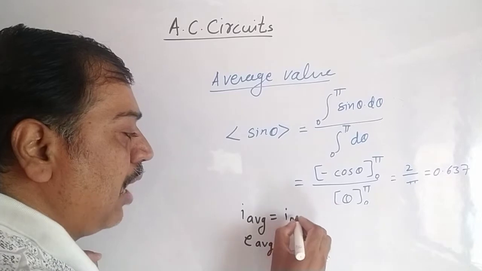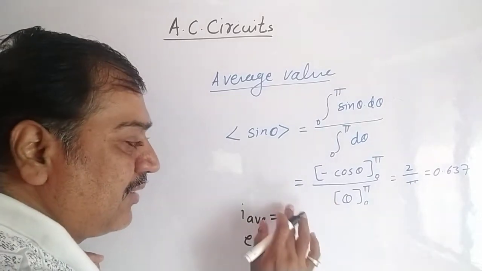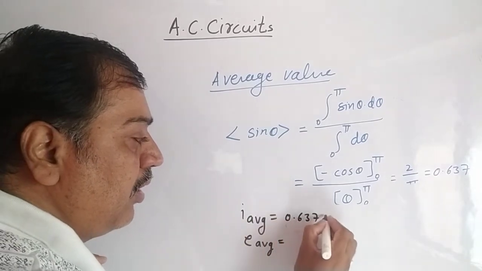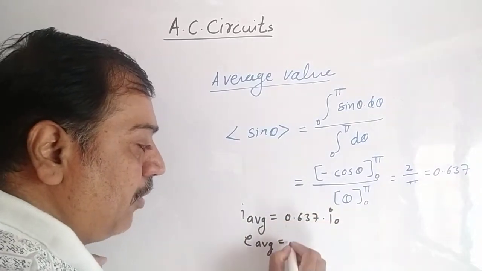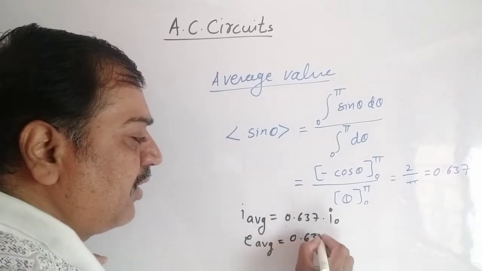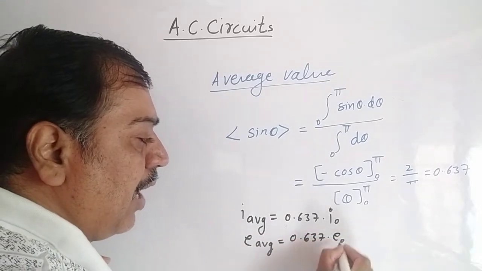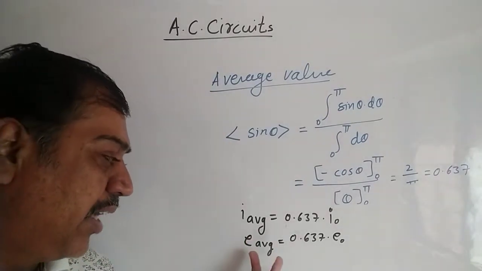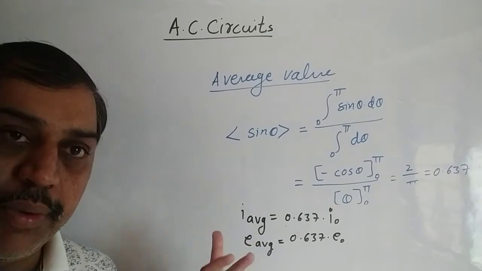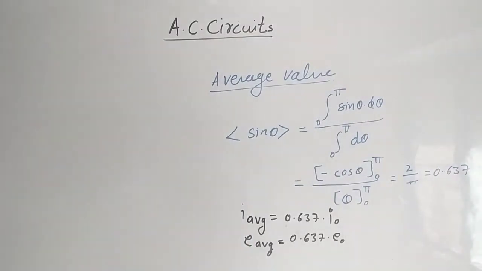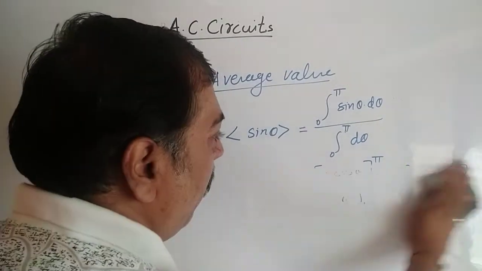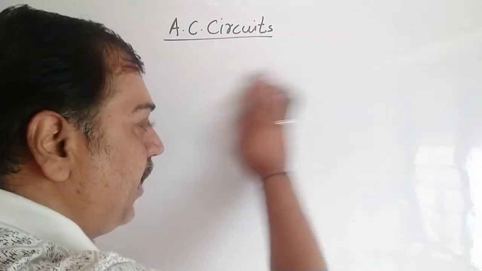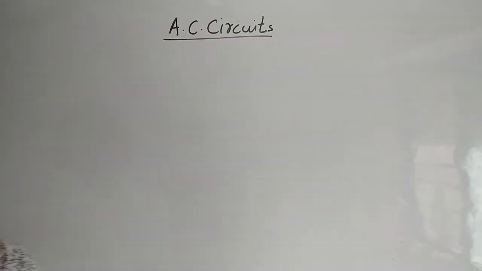It is equal to 0.637 into I0, the peak value of current. Similarly, 0.637 into the peak value of EMF, E0, gives the average value of EMF. The average value of current can be found by this method. So this is the average value of EMF and current that we have derived from this equation.